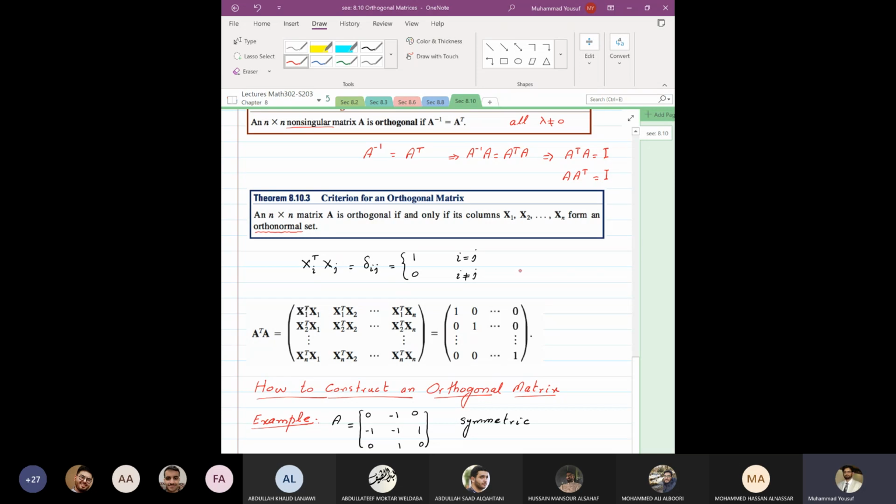Actually, when this condition is satisfied, we say one upper level of orthogonal, which is orthonormal. Orthogonal is their dot product is 0. But orthonormal is that the norm is equal to 1, that is, xi transpose xi is equal to 1.